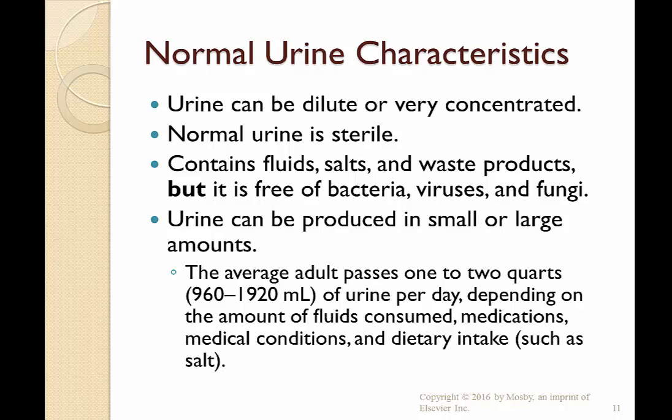Urine is a sterile fluid. It's going to contain fluids, salts, and waste products. But always remember, urine should be free of bacteria, viruses, or fungi. So if those are present, then there is something that is not going right with the urine. And urine can be produced in various amounts, and the average person makes approximately 1 to 2 quarts per day.